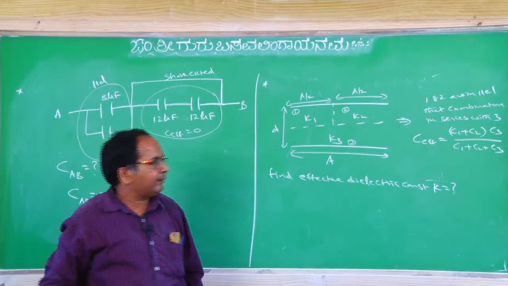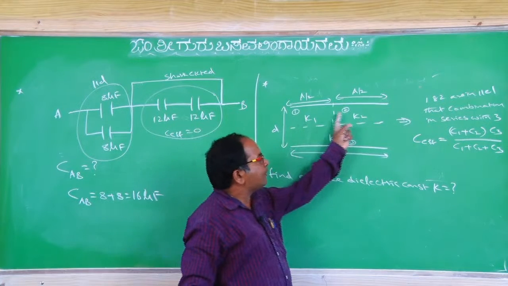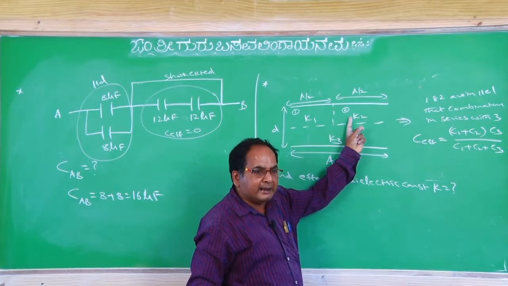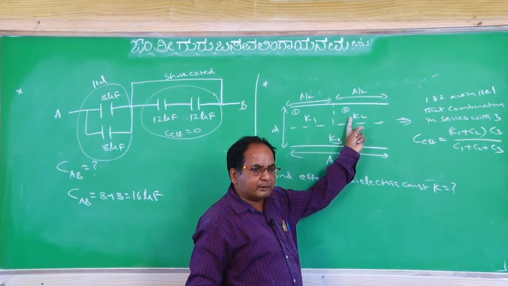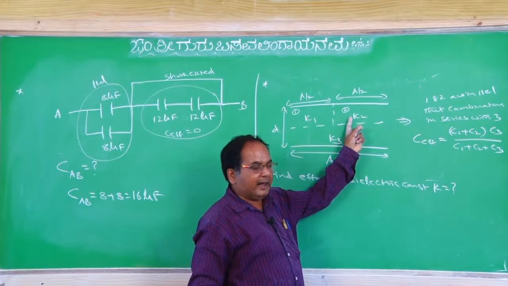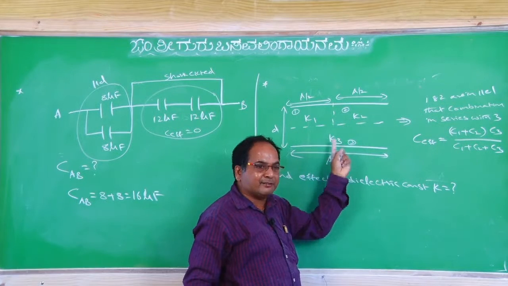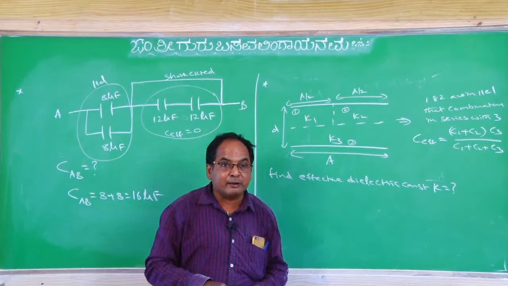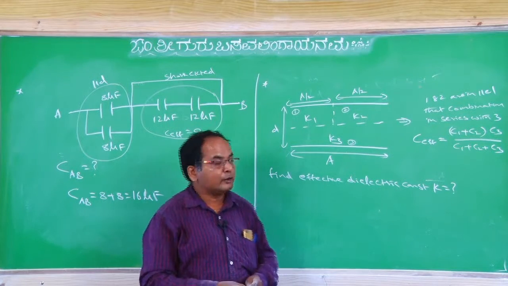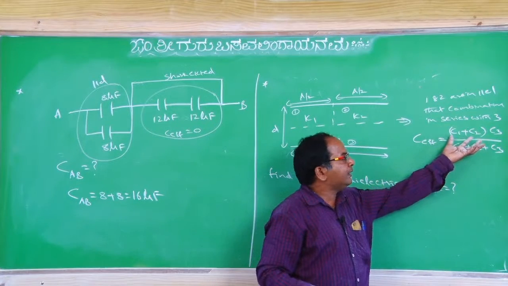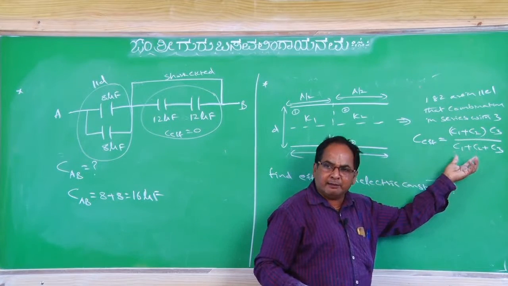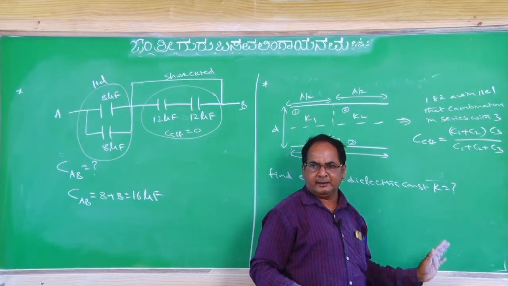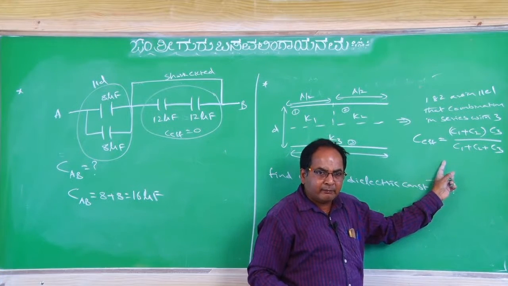C effective: 1 and 2 are in parallel, so C1 plus C2. And that combination is in series with C3. Series means what? C1 C2 by C1 plus C2. So C1 plus C2 into C3 by C1 plus C2 plus C3. Is this understood? Understood?